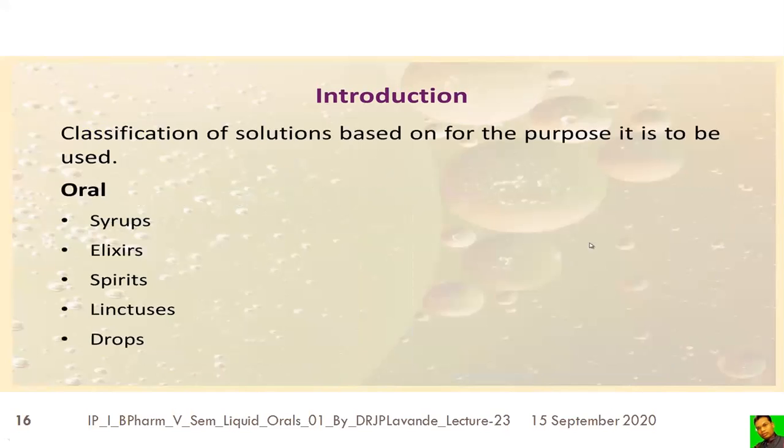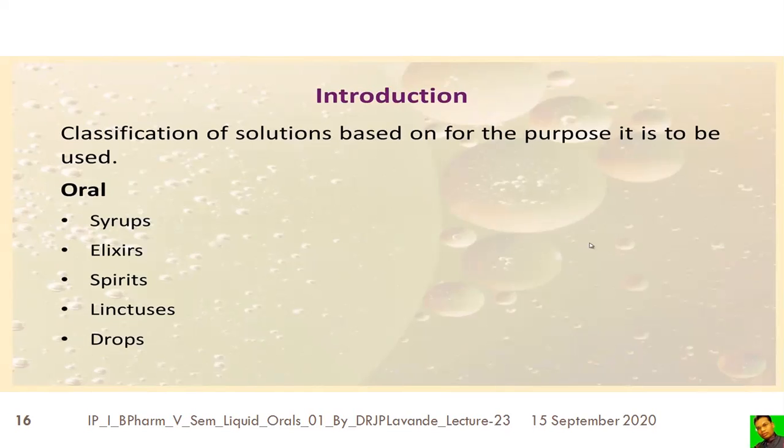Classification of the solutions. Now we can go for classifying the solutions. We saw the solutions, the elixirs, the suspensions, the emulsions, and the syrups. Classification of these is based on the purpose for which they are to be used.